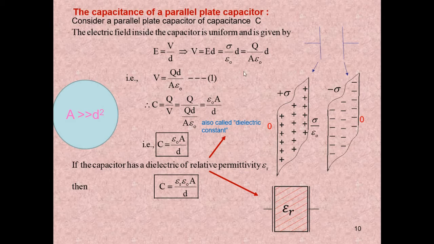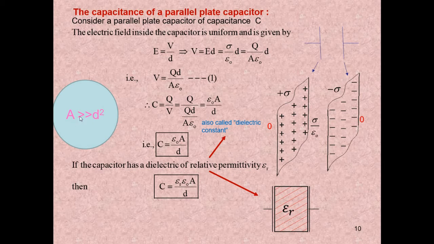All these things were seen by you, but this one only I doubt, because later on I probably added it. You write the condition A greater than D square. This is mentioned very clearly and beautifully in your textbook. They will only say area is very large, D is very small, but in this way it's not mentioned in many of the books.